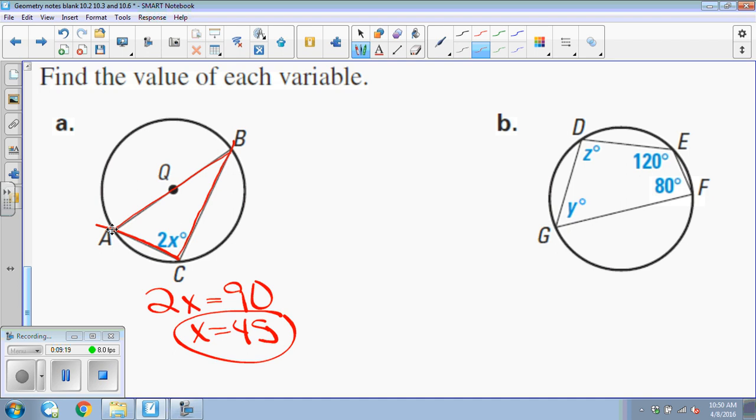Supplementary means they add up to equal 180. So these two are supplementary, and these. So if this is 120, what does y have to be? 60. And these two are supplementary. So if angle F is 80, angle Z has to be 100. Everybody understand?